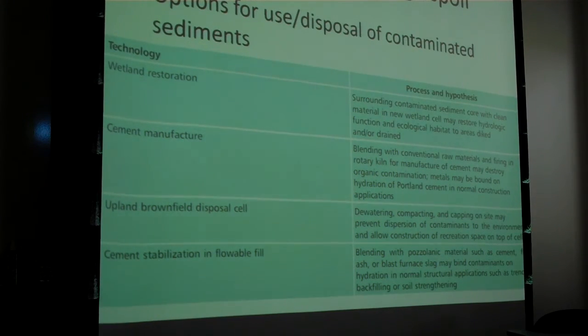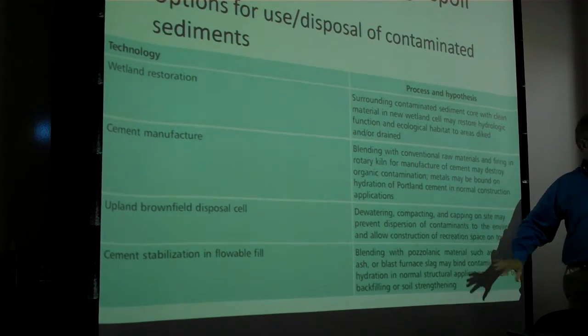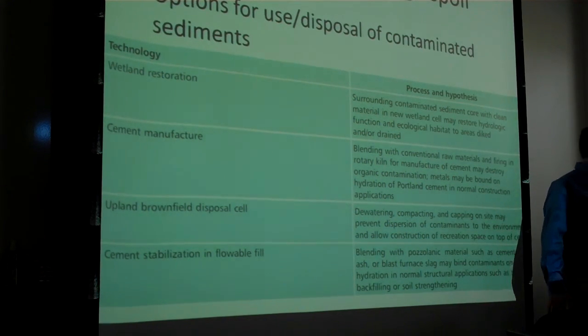And then this last one has to do with mixing it with cement to create a more stable fill material, so that the contaminants should stay bound to the site. Okay, so this all has to do with taking contaminated sediments out of the river, putting it somewhere on land, and how do we contain the contaminants.